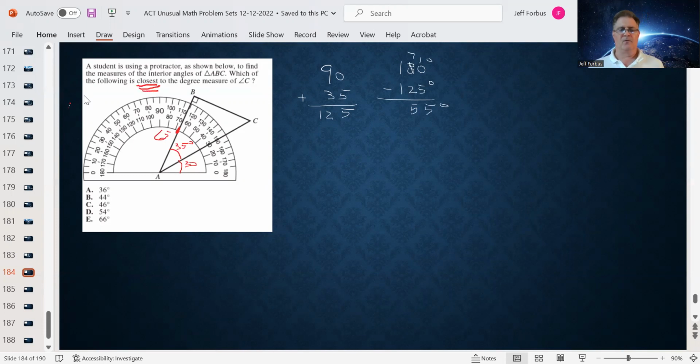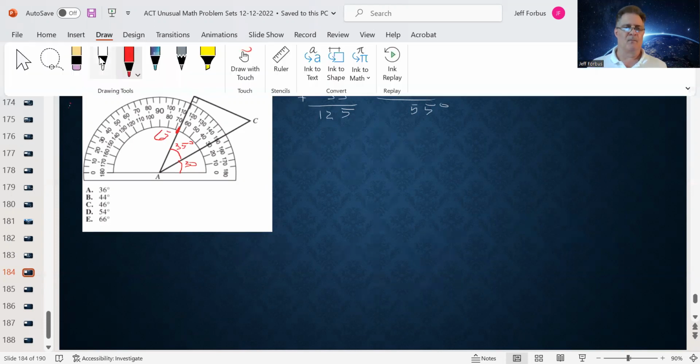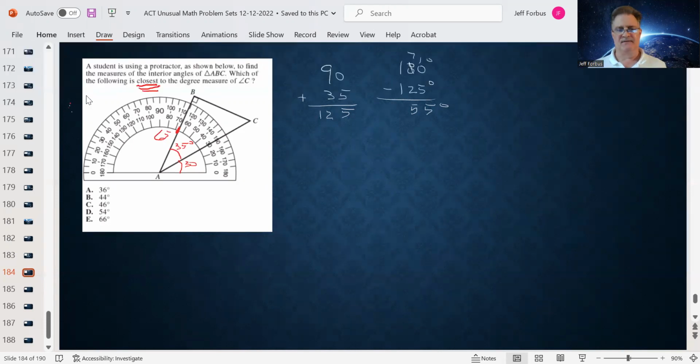So they know we're not going to get an exact number. So the answer that's closest to 55 would be 54. And that's going to be answer choice D, as in dog. All righty. Next question.